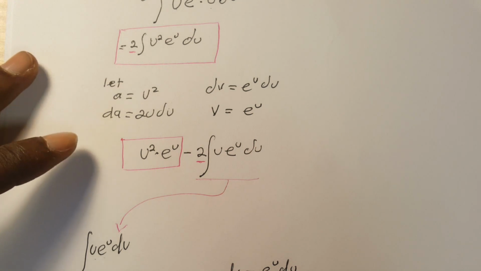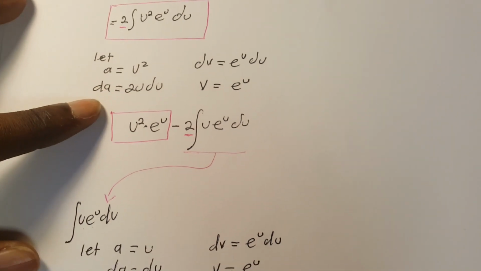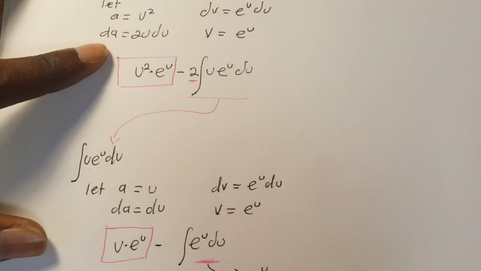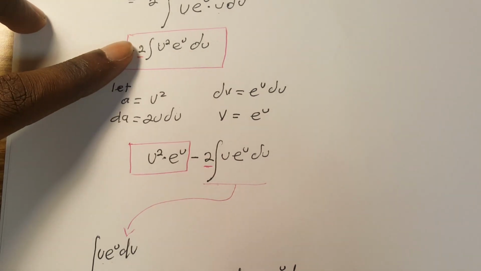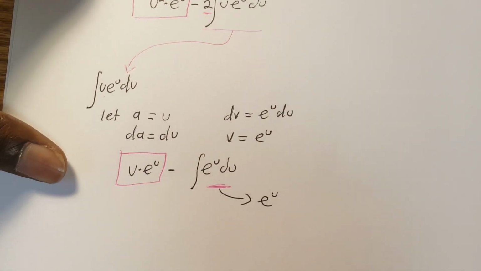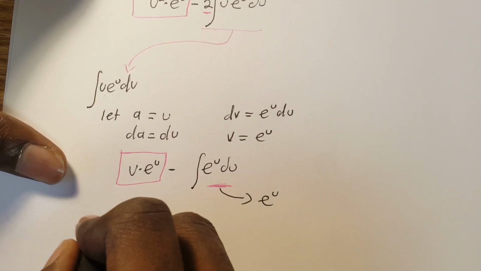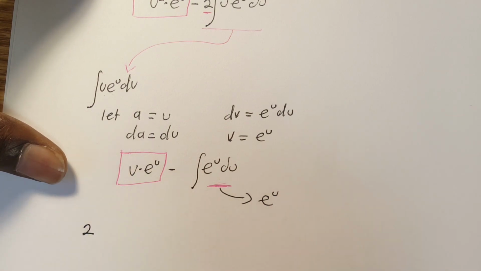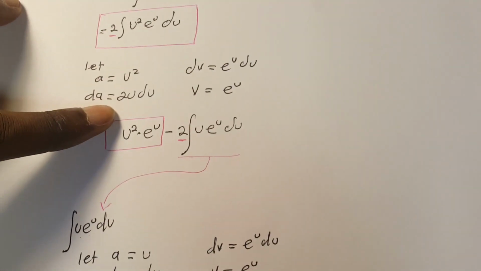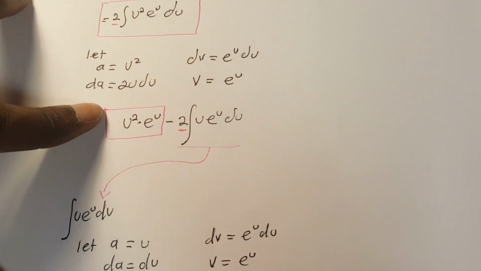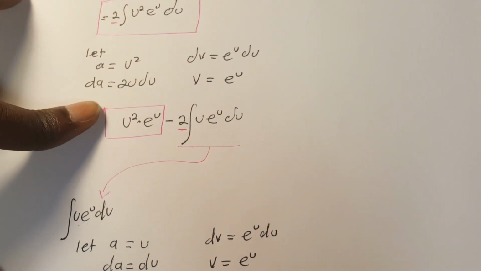So what we're gonna do is we're gonna bring everything down together. So we're gonna have that first 2 that we had, that's gonna be 2 out, and that is gonna multiply the whole of this guy here.